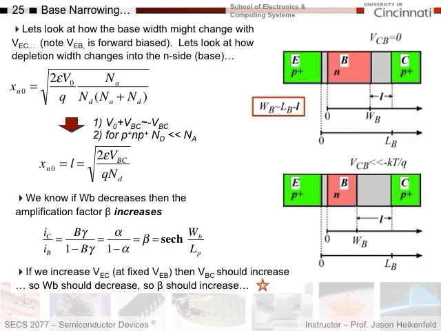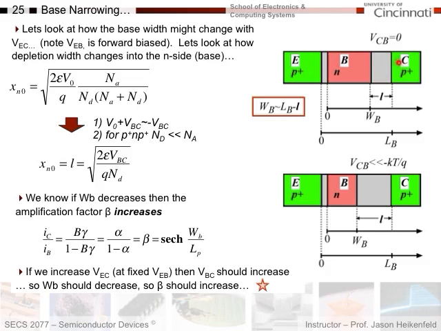Okay, now let's look at something that I do want to go into detail on, the effect of base narrowing. So, let's examine how the base width might change as we increase our emitter-collector voltage. If I'm putting a voltage across the emitter and collector, I notice that I'm forward biasing the emitter base, so all the voltage drop will be across the collector.